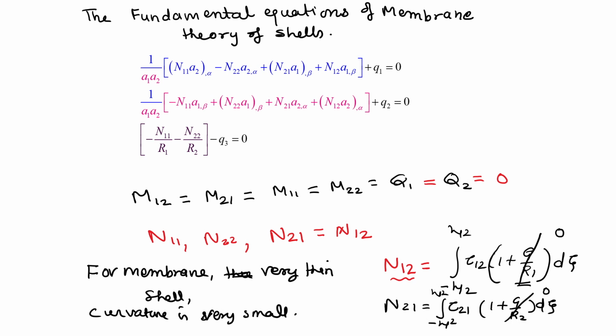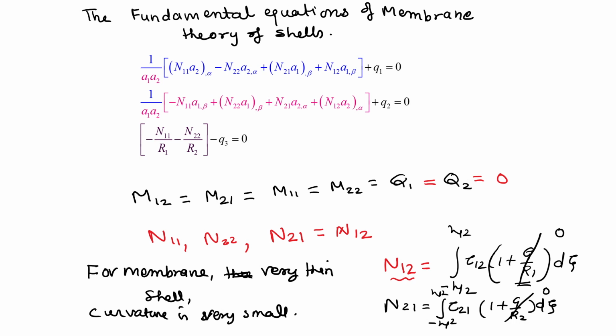Already in lecture 1, I have covered that membrane shell theory is applicable to thin shells and it can take only the membrane loading, meaning it cannot sustain bending stresses or bending moments. The shell is thin and subjected to only in-plane stretching cases.